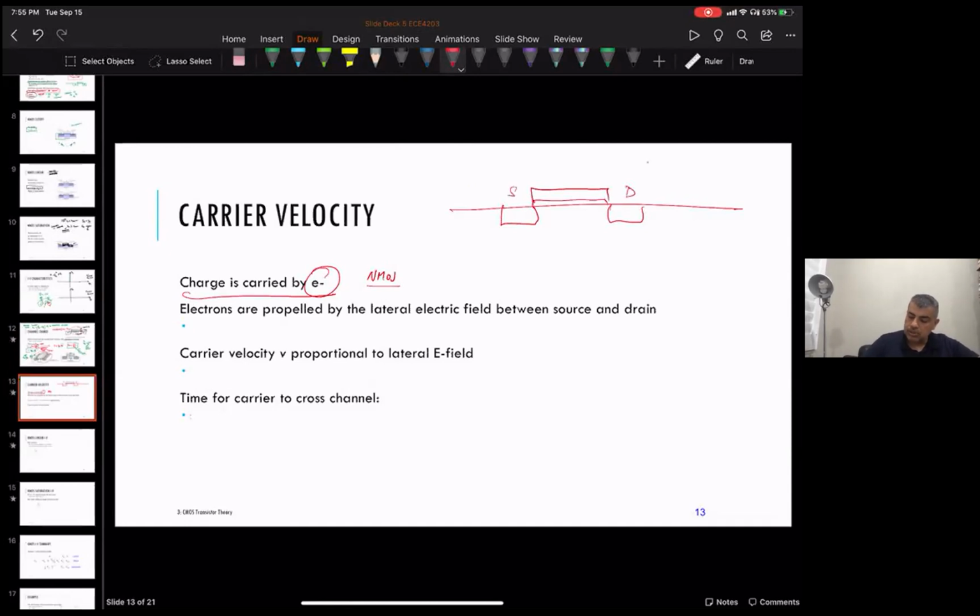This is more positive than this, so the electric field goes in that direction and pushes the electrons across. The electric field in the channel is the drain-source voltage over the length. The channel length is the actual physical separation between drain and source.